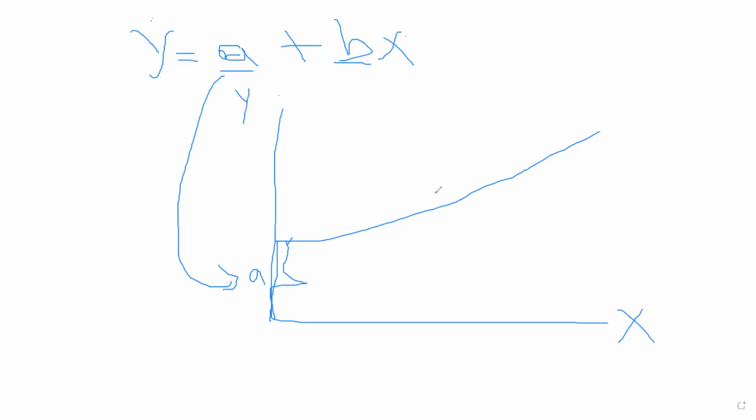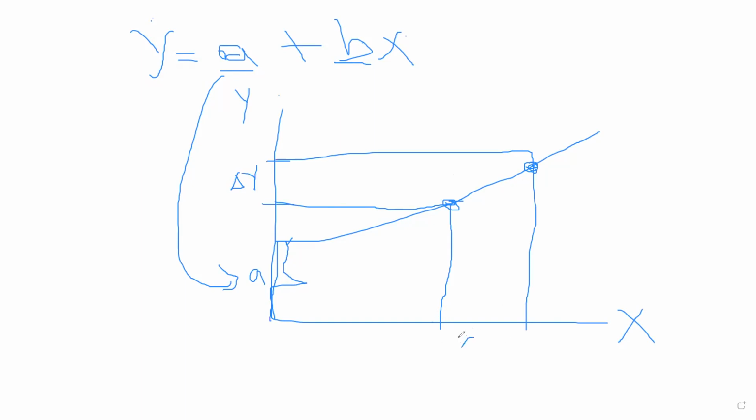And how to get B? You take two points on the line anywhere and draw perpendicular and horizontal lines. So this is the difference in Y, whatever values are here and here, and the difference in X. So the X2 value and X1 value, similarly Y2 and Y1.